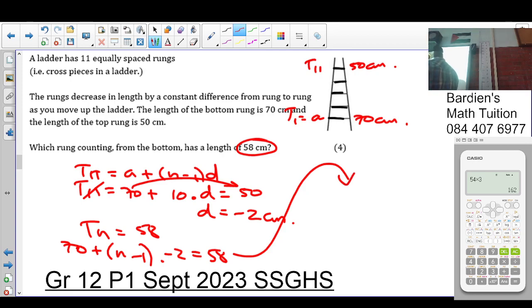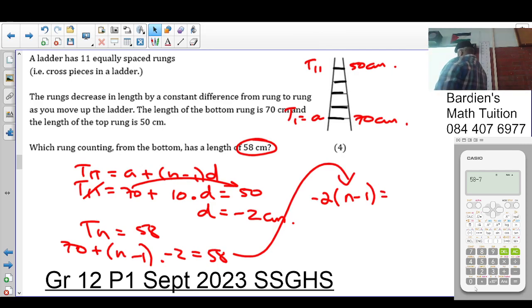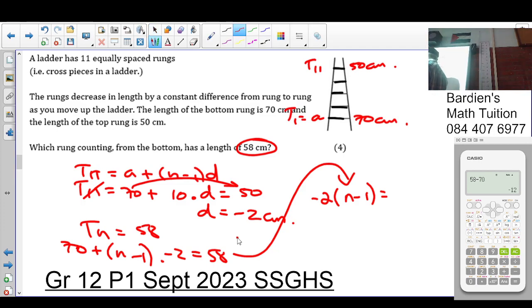Which now gives us negative 2 times (n minus 1) is equal to 58 minus 70, which is negative 12. Okay? So divided by negative 2, n minus 1 is equal to 6. So n is equal to 7. So therefore the 7th rung will have a length of 58 centimeters.